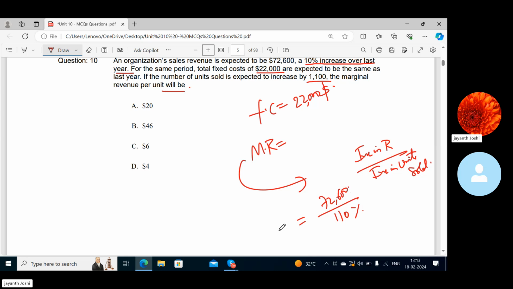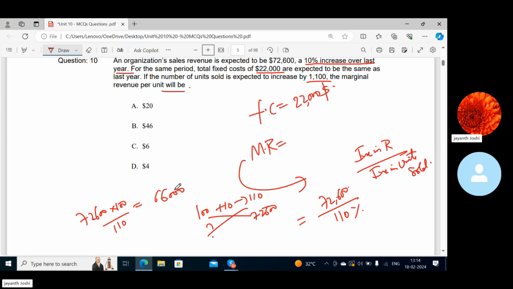Before the 10% increase, the revenue would be, divide by 110%, or 100 plus 10, 110. 110 represents 72,600. How much is it for 100? 66,000. This was the previous revenue.